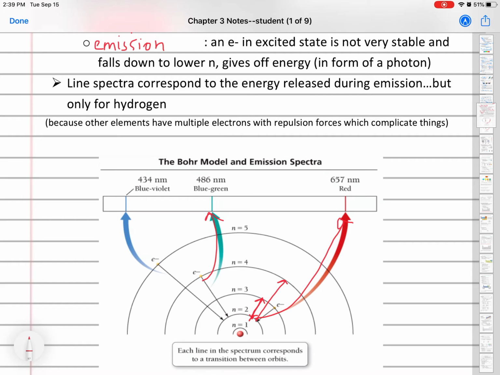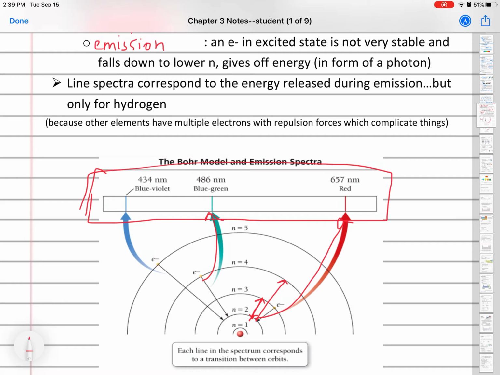And he showed that for hydrogen, if he shined light on hydrogen and he split up the light, you'd get this spectrum that corresponded to these electron quantum leaps that he calculated for hydrogen. So his model perfectly explained the atomic spectra of hydrogen. And that was great. It was a really great model.